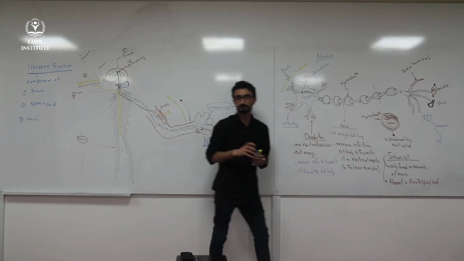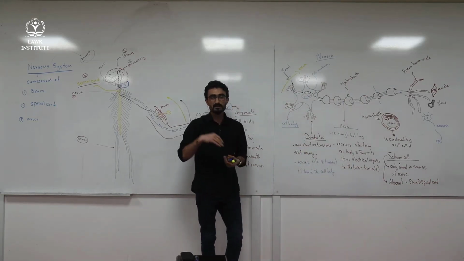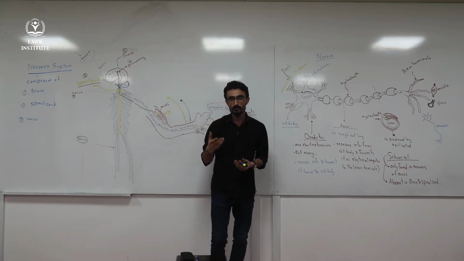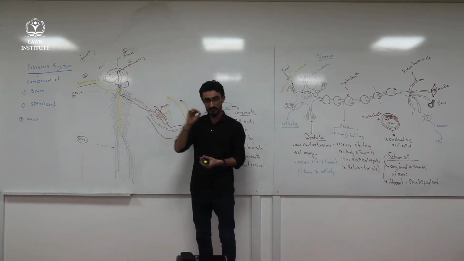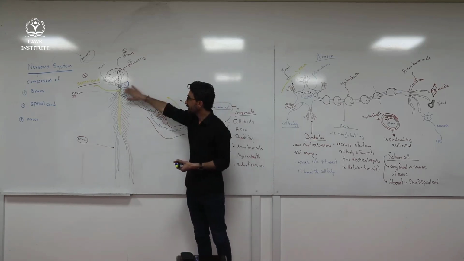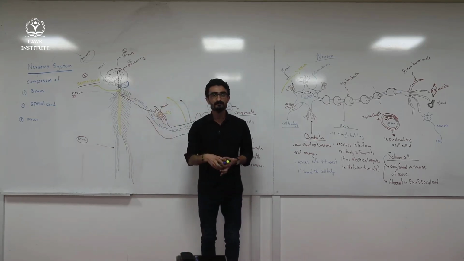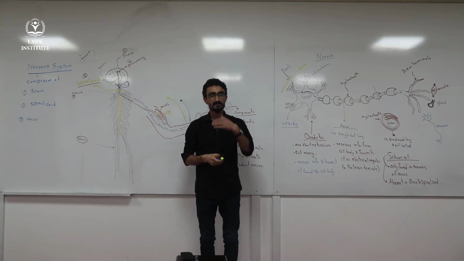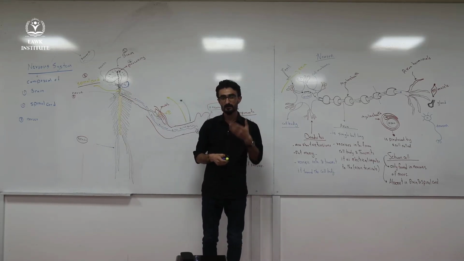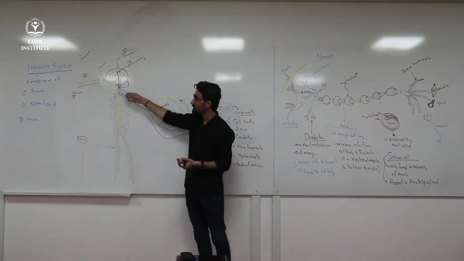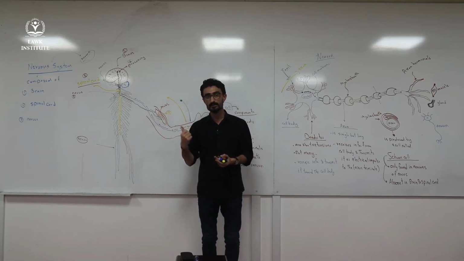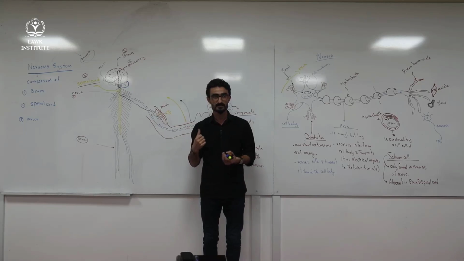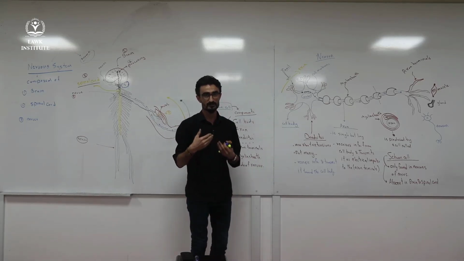Actually, some neurons of brain and spinal cord have myelination. But the myelination in neurons of brain and spinal cord is not created by Schwann cell. They are created by another specialized cell which is called oligodendrocyte.